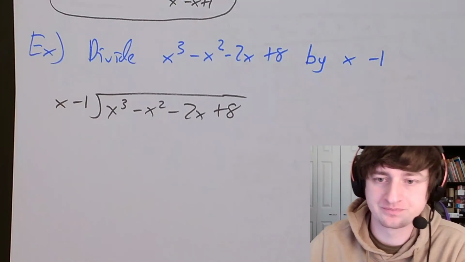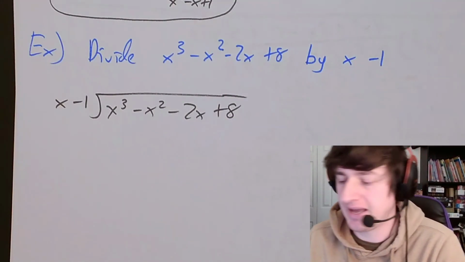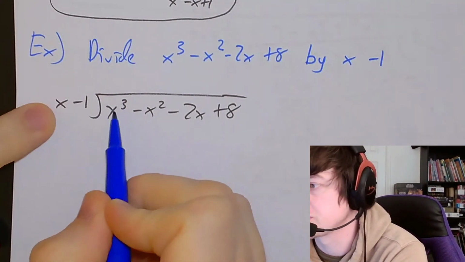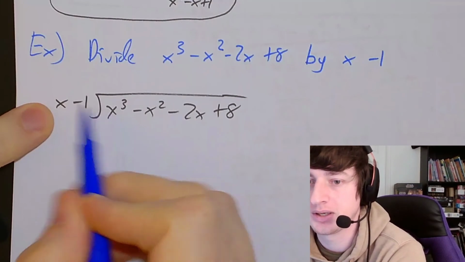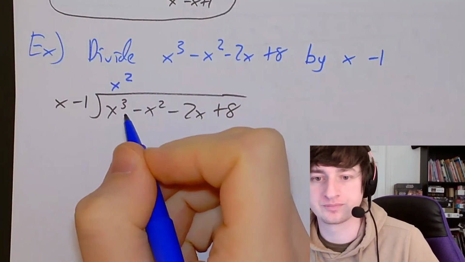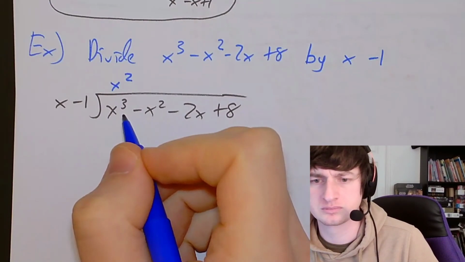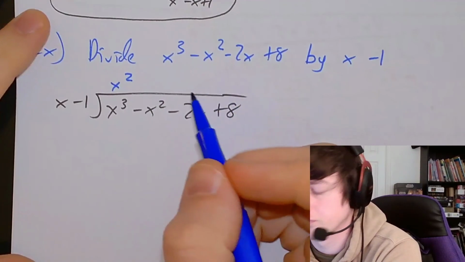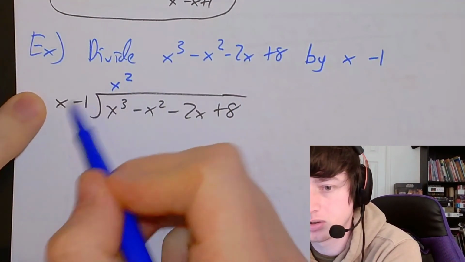So first thing, how do we match x and x cubed? How do we make those the same? Well, we multiply it by an x squared. So then we're going to multiply all of this by x squared.